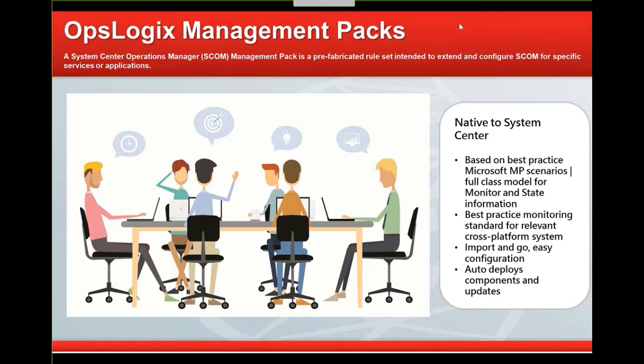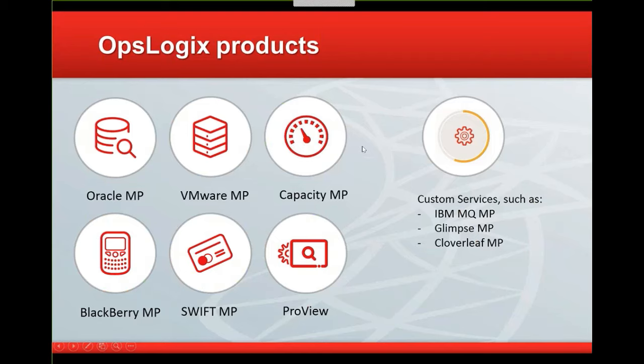The products that we have straight off the shelf are our Oracle MP and VMware MP. Both of these MPs have the distinguishing feature that they make use of SCOM resource pooling, so they have a natural built-in redundancy in terms of monitoring and load balancing.